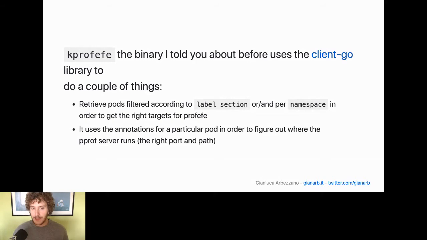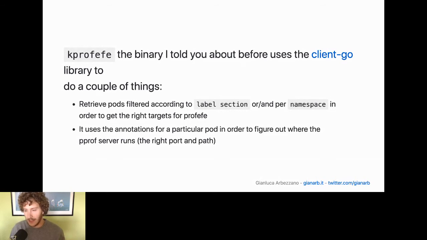So this is a very small part of the code, but as you can see, this is the get selected pods. So it uses the clientset for the core v1, and it asks for all the pods in a particular namespace, and there is a list option that you can use.